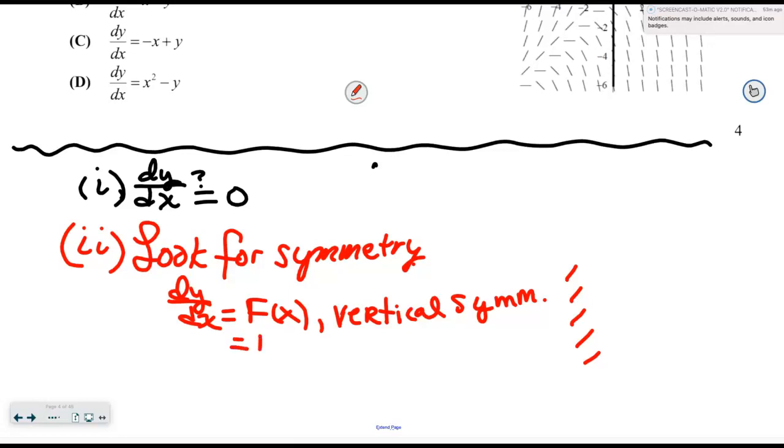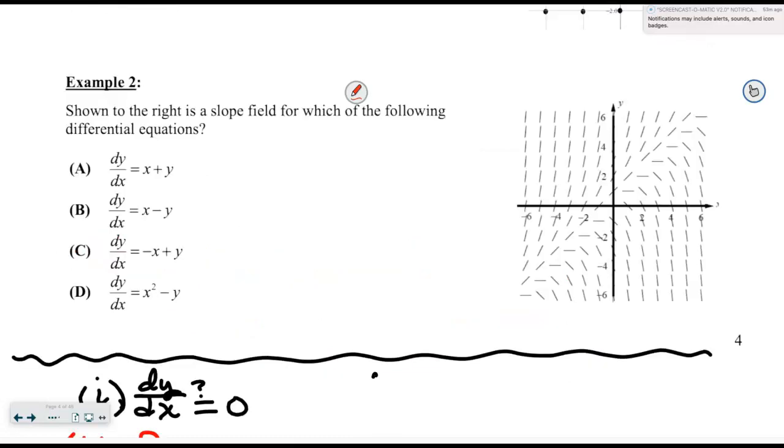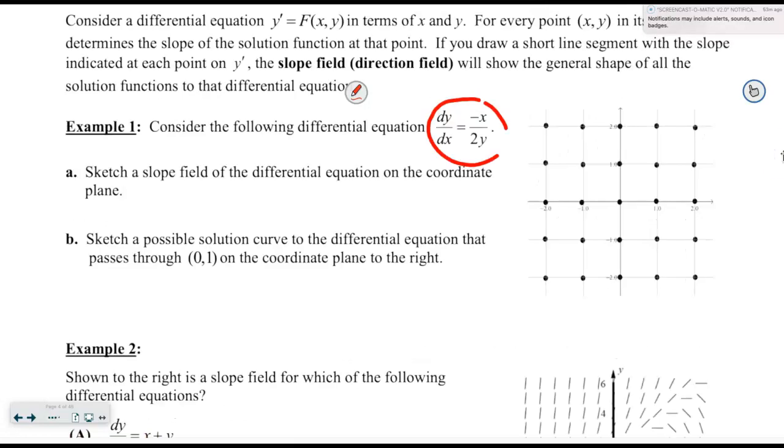And the same thing, if it's just a function of y, means they're not mixed, you're going to have what I call horizontal symmetry, which means running across the horizontal, they'll all be the same. If they're mixed, no symmetry. Look at this guy. Do you see how right here it's x and y in here? So when we go make it, we're not going to have a symmetry shortcut.